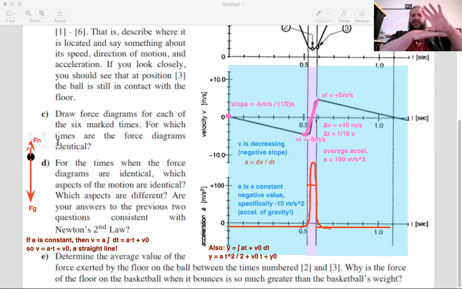But as the ball gets more and more compressed, what would you expect to happen to the normal force? I would say it gets more, as soon as it impacts the ground. At location 2, though, what do you notice about the acceleration at time 2?